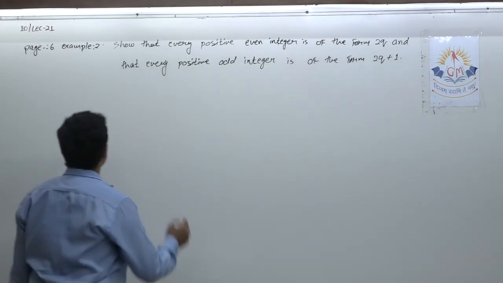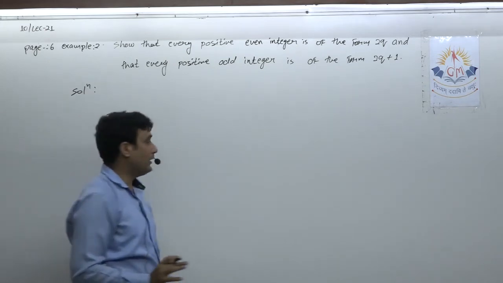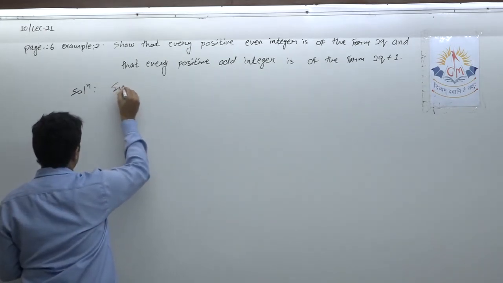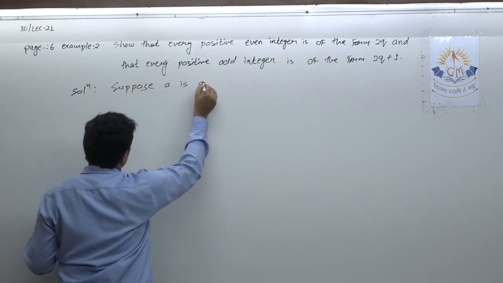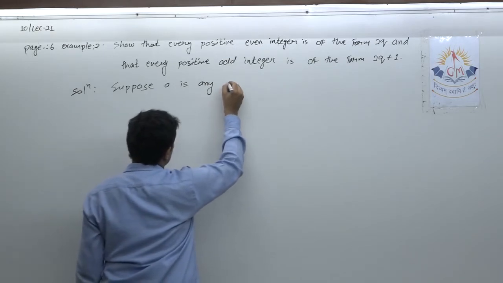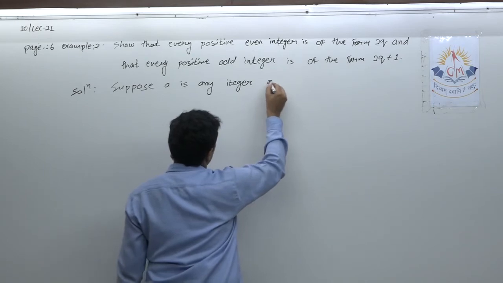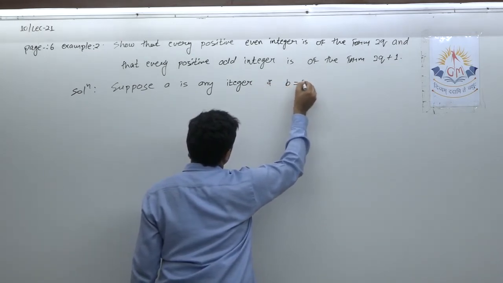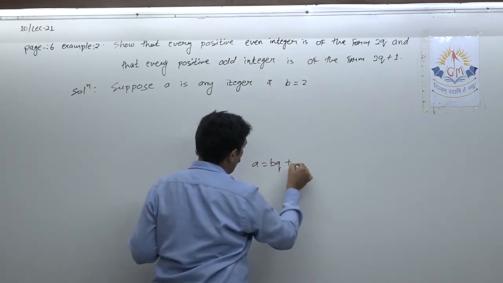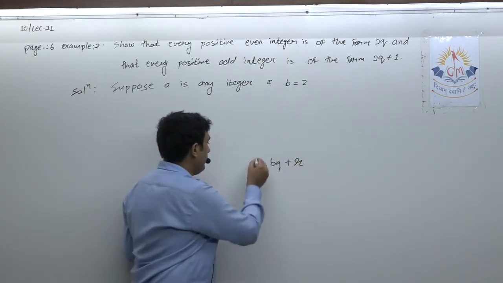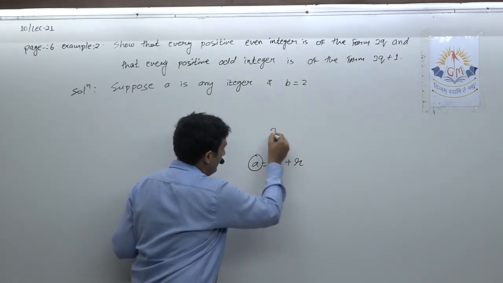Suppose a is, okay, let us see. I will give you a stepwise solution and then I will explain it in a proper way. So suppose a is any integer and b is equal to 2. See, we have Euclid's algorithm, that is a equals bq plus r. I am assuming that a represents any integer and the value of b is equal to 2.